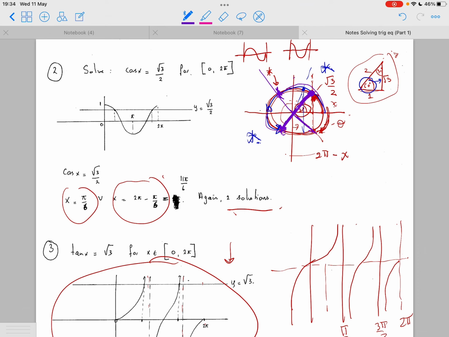Another answer would be here, which is again the same as, if you have theta, another answer would be theta plus pi, because just see how this differs by pi rotation of 180 degrees.